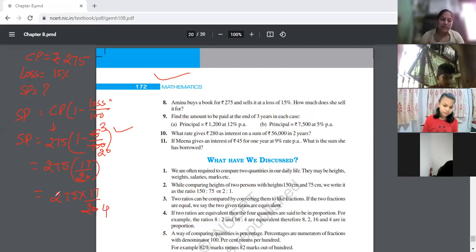Five fours are 20, 5 fives are 25. Multiply these two numbers. Do it in your notebooks.